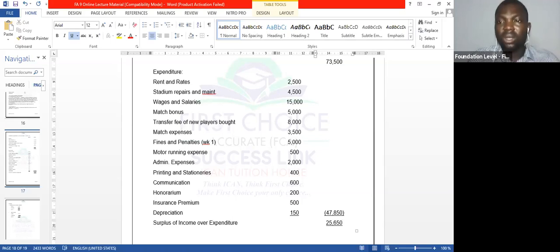It's talking about trying as much as possible to prepare accounts for a non-profit making organization, so it will enable us and assist us to prepare the appropriate accounts so that it will be different from the profit making organization.